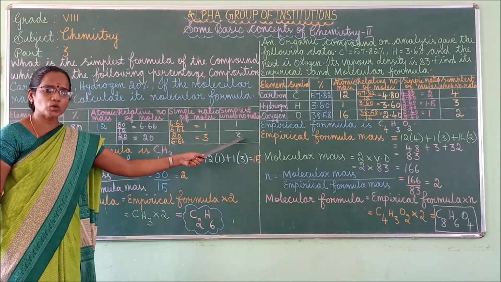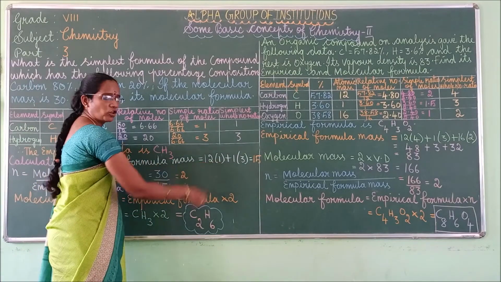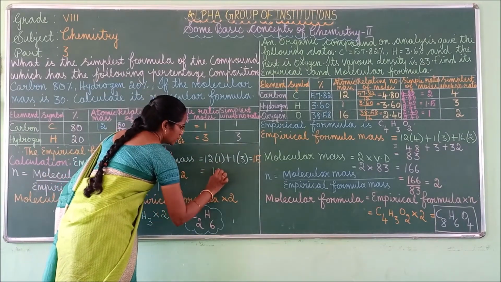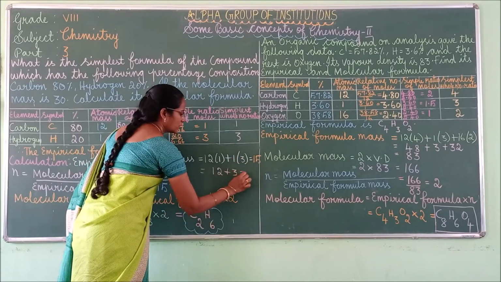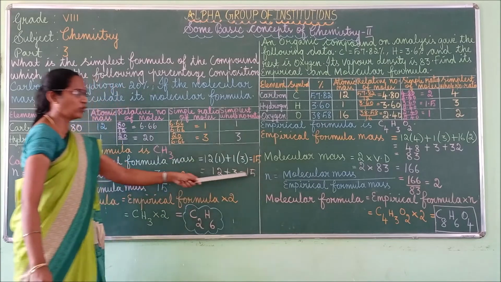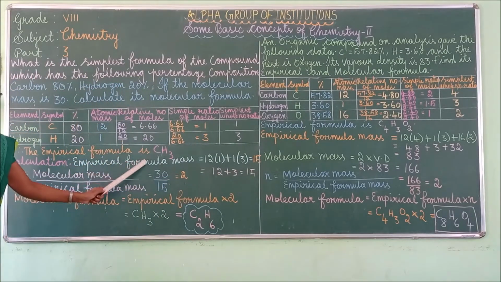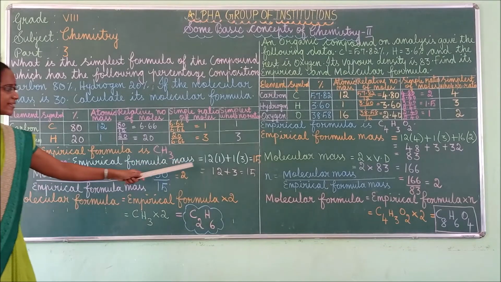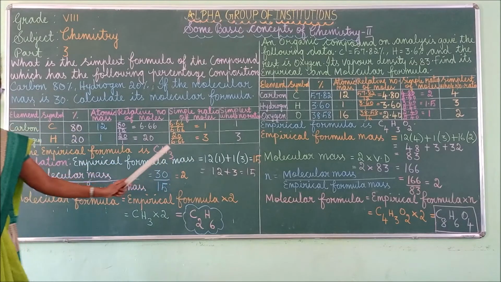And what is the simplest whole number ratio? It is 3, right? So 12 plus 3 will be getting 15. The empirical formula mass, 15, right?